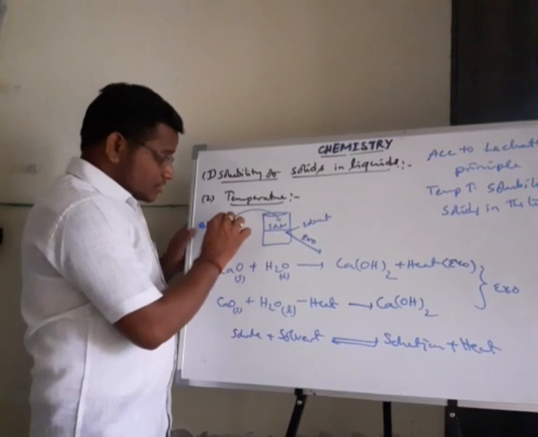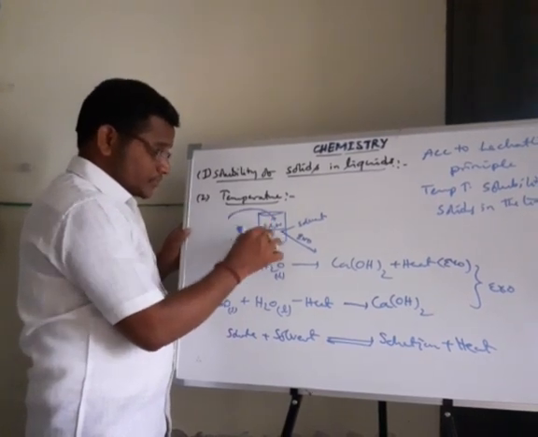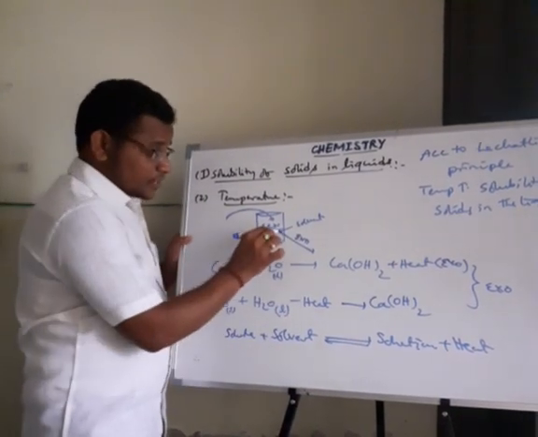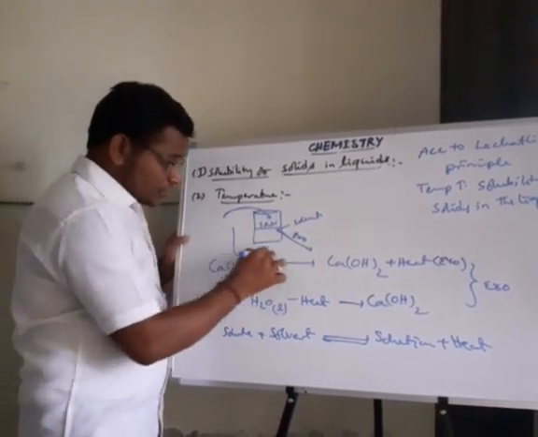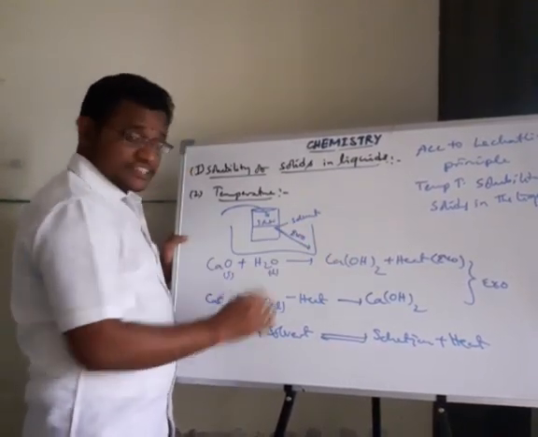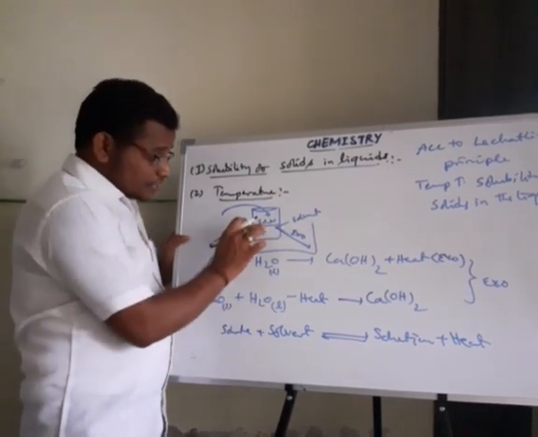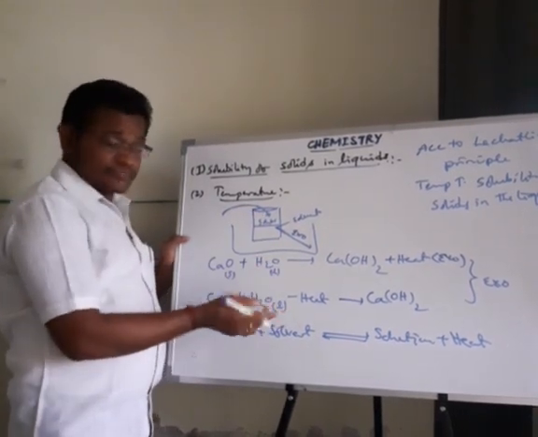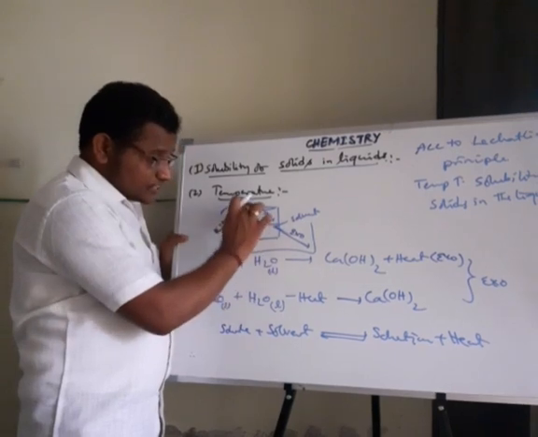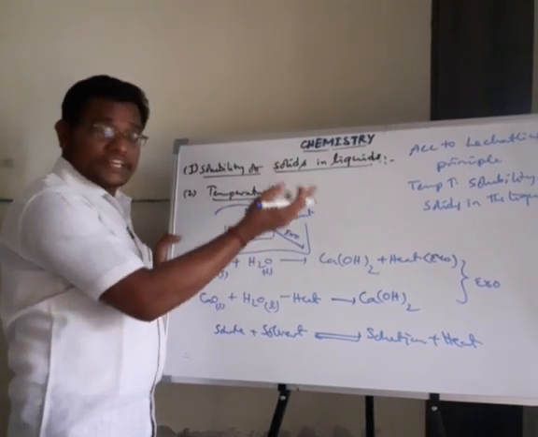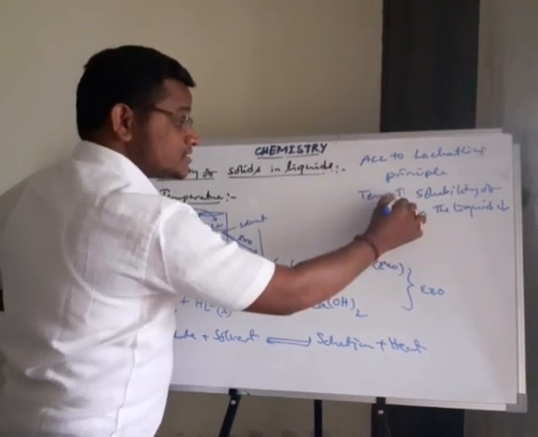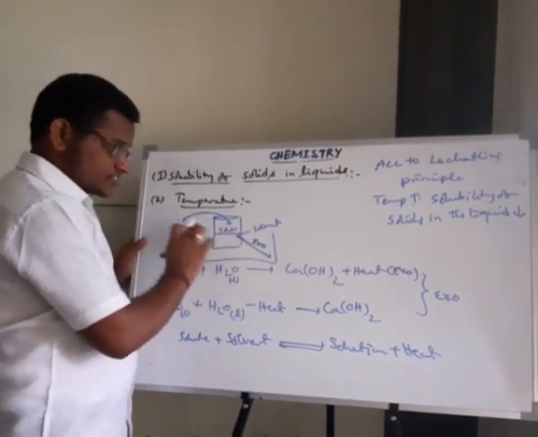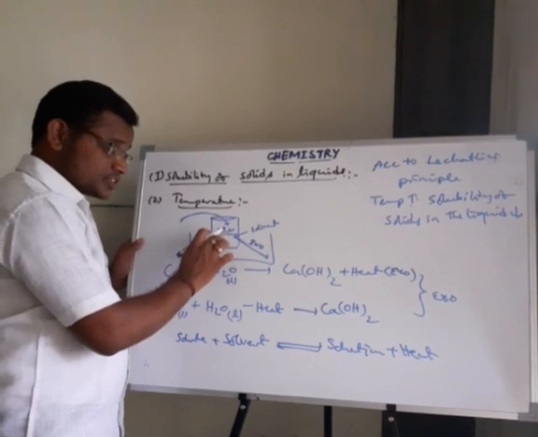Here, the solute is added to this solvent. Some amount of heat, what happens here? It is released to the surrounding. So here the surrounding temperature gradually decreases. At that time more solute can be dissolved. That's why when the temperature decreases, the solubility of the solute in the solution increases.